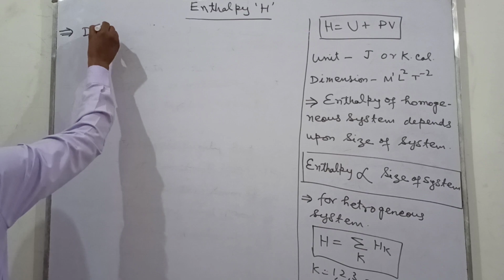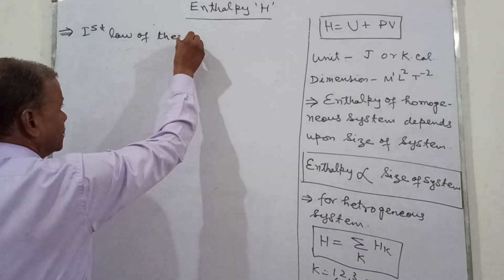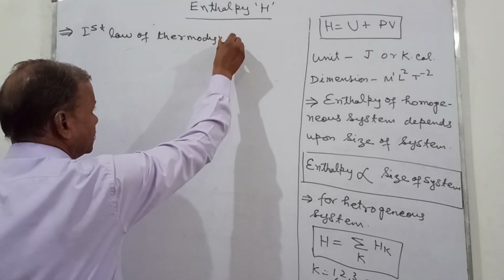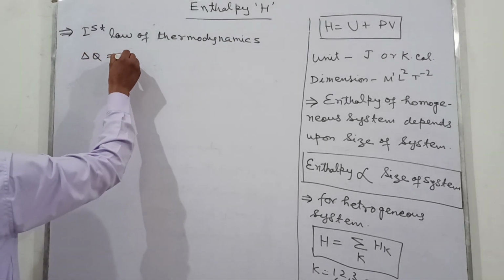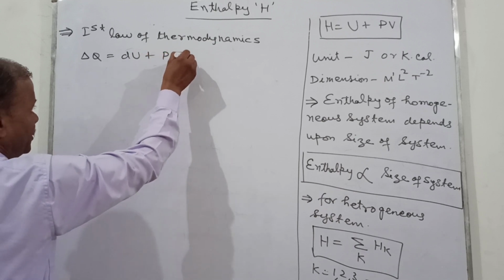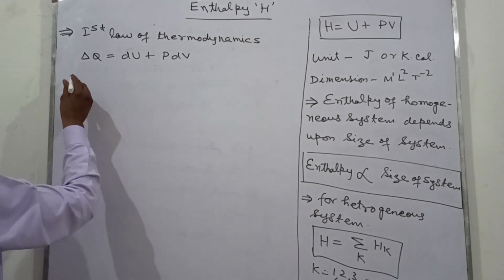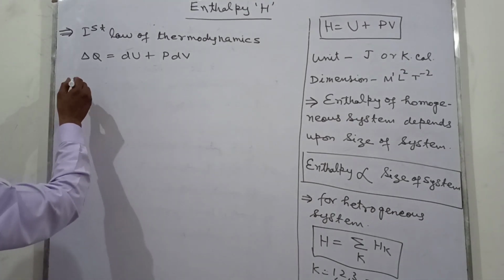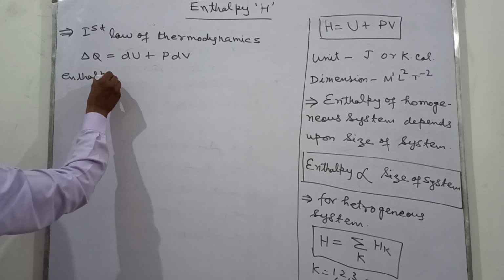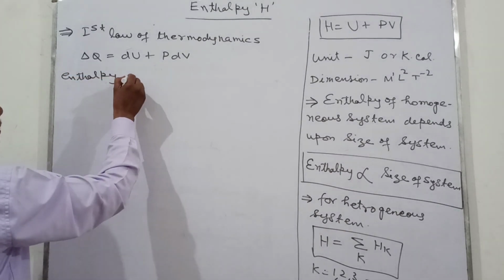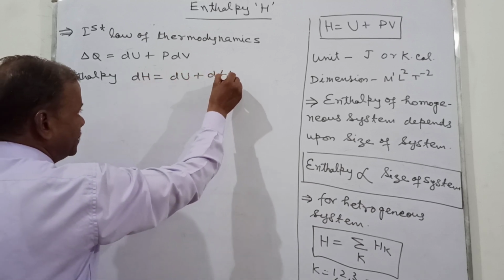First law of thermodynamics: delta Q is equal to dU plus PdV. Now enthalpy: dH equal to dU plus d(PV).